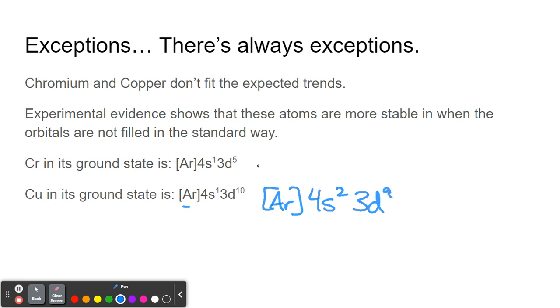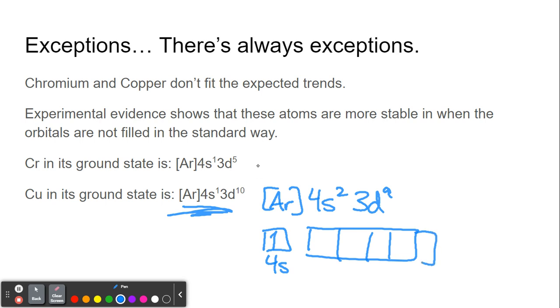But in reality, copper is more stable again with only one electron in the 4s shell and a completely full 3D shell. So sometimes these electron configurations won't follow the expected trend, especially if there's a way to end up with either a half full inner shell or a completely full inner shell.